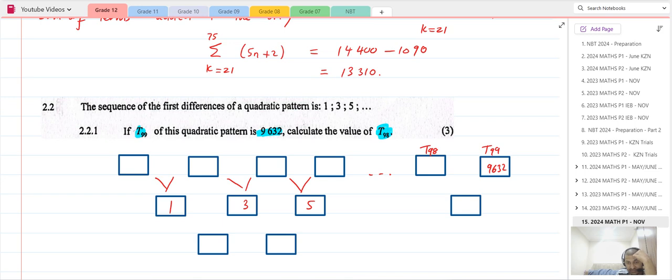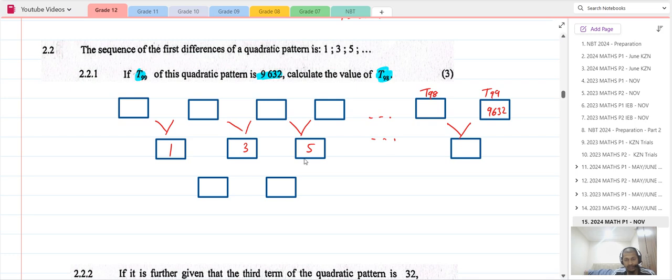Obviously a certain number of terms needs to be added. We can get a pattern for this.